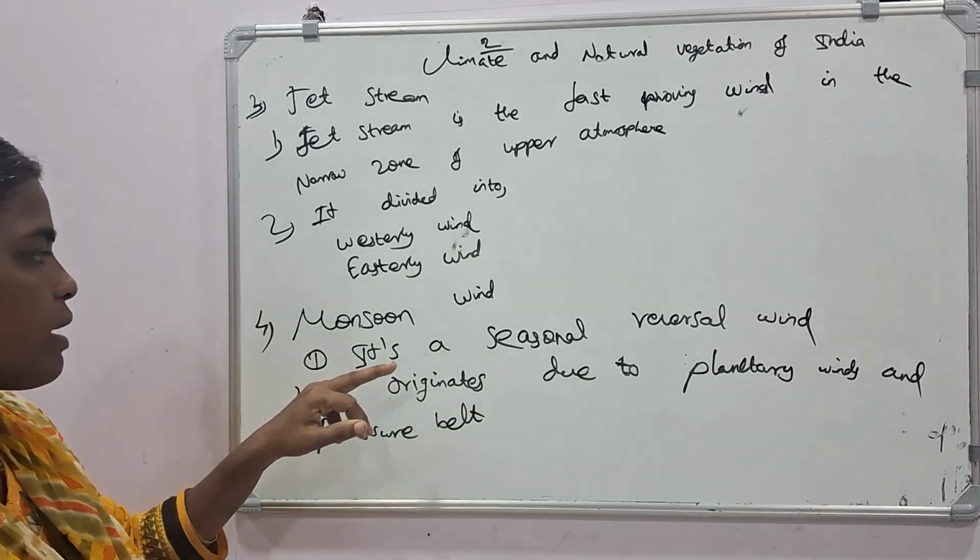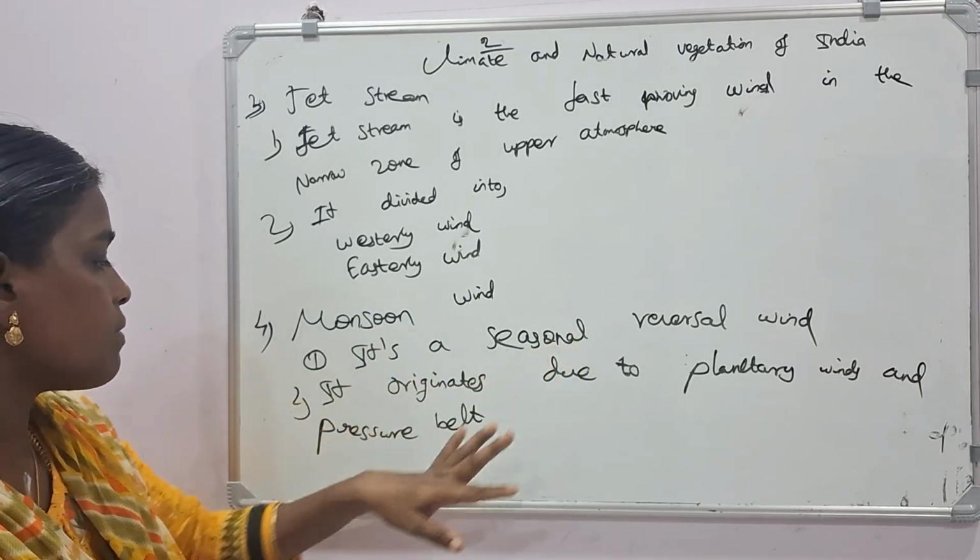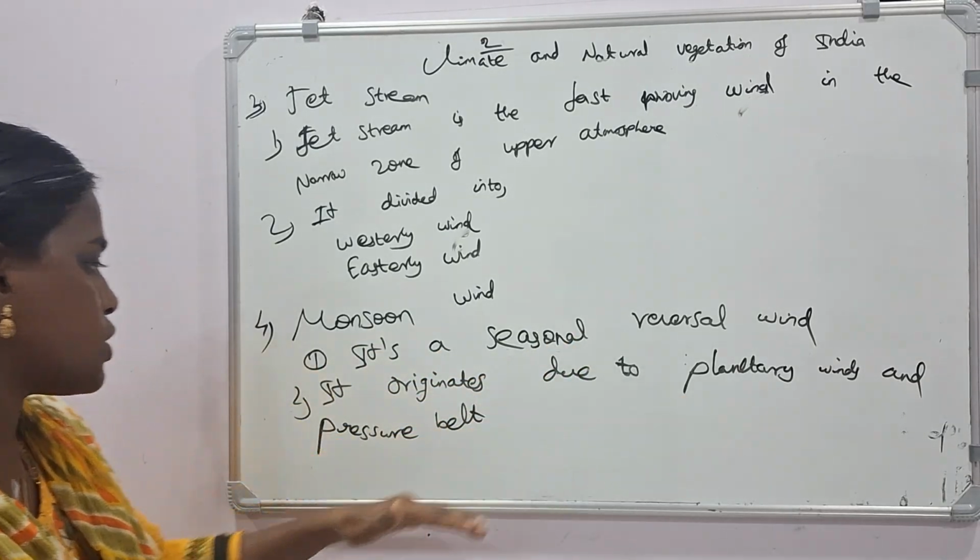So only 2 points we have to write for the monsoon wind. It's a seasonal reversal wind. It originates due to planetary winds and pressure belt.